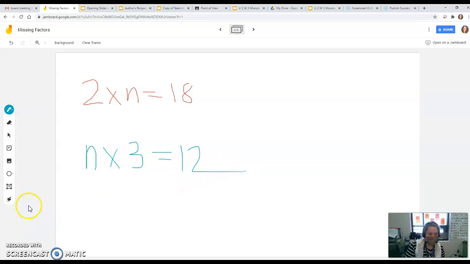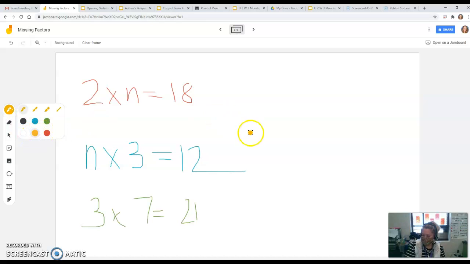Then 3 times n equals 21. And then the last one will be n times 10 equals 80.